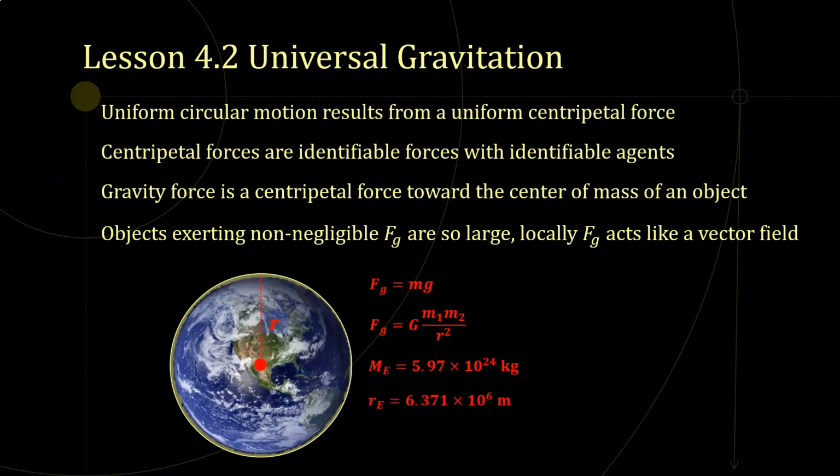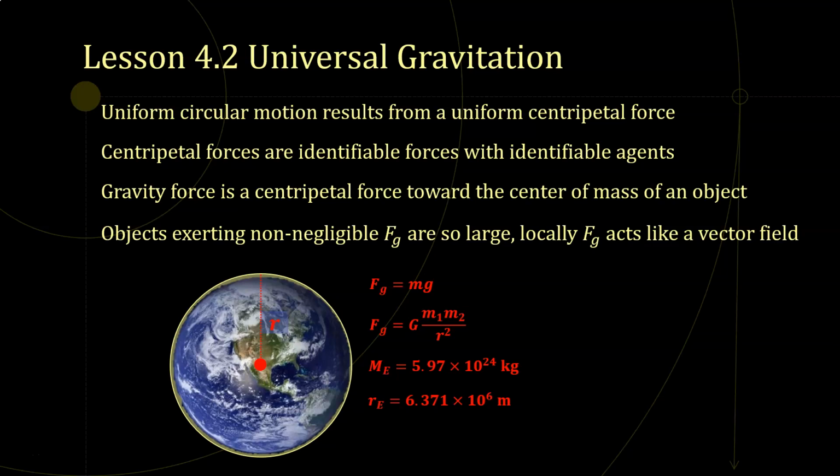We also need to know the radius of the Earth. So the distance from the center of mass of the Earth to an object sitting on the surface at sea level would be 6.371 times 10 to the 6 meters. That's 6.371 million meters. All right, so the Earth is huge.